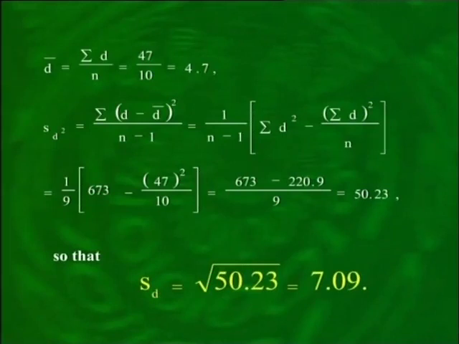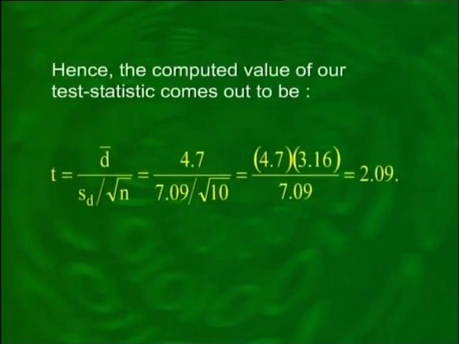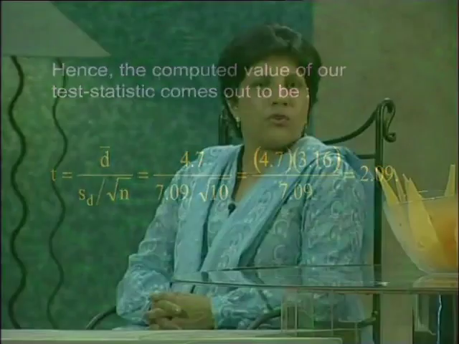Of course, d bar is very easily found by simply dividing the sum of the d column 47 by 10, and that comes out to be 4.7. Hence, the computed value of our test statistic in this problem comes out to be 2.09.